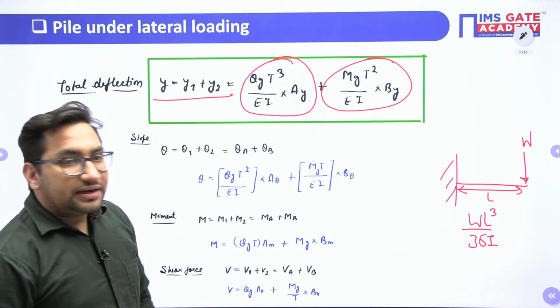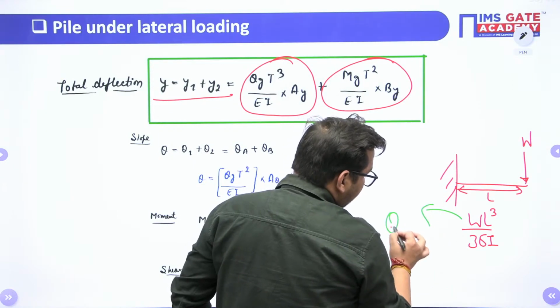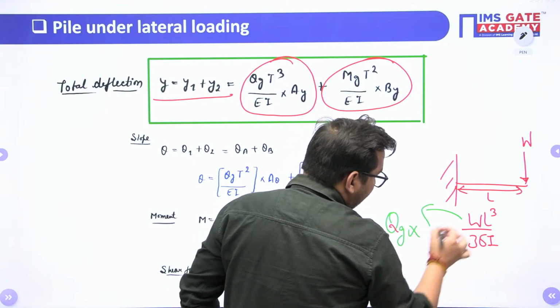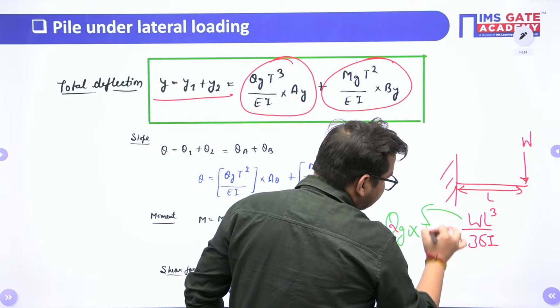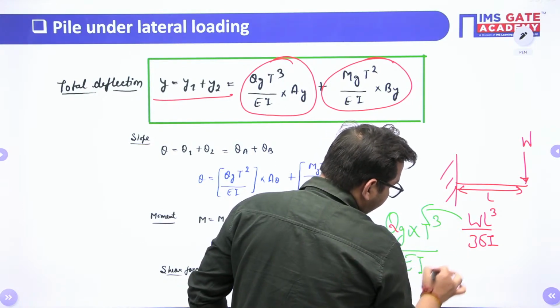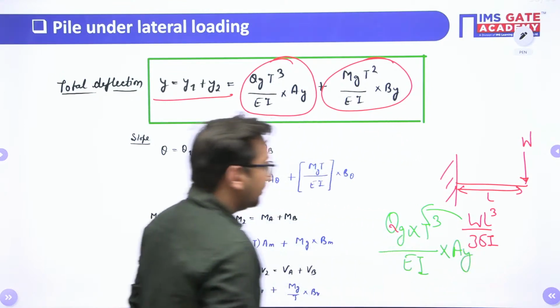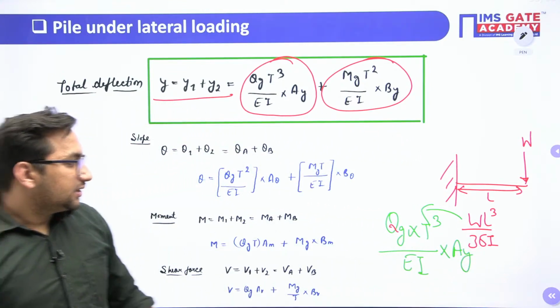Now try to remember this formula in this fashion. This is your Qg. In place of L, take T as a stiffness factor, upon EI, and the other units are taken into account by Ay.